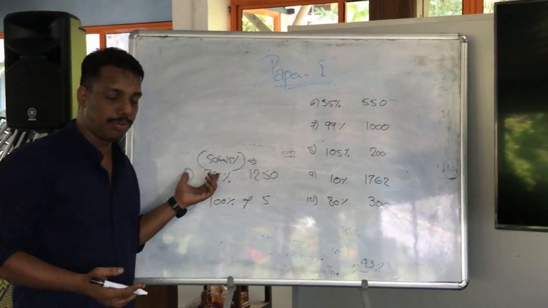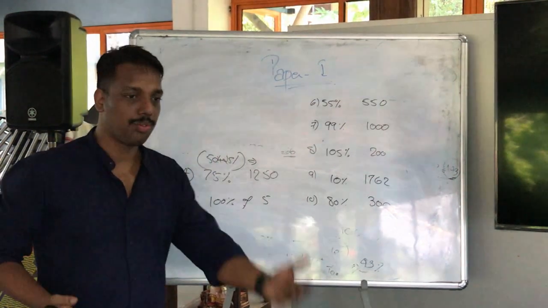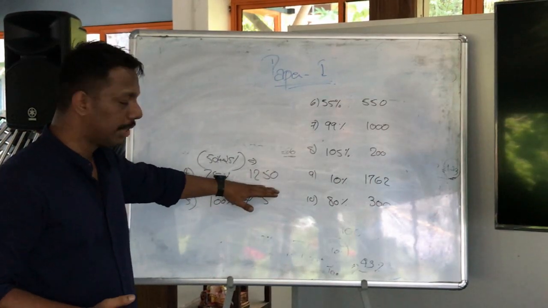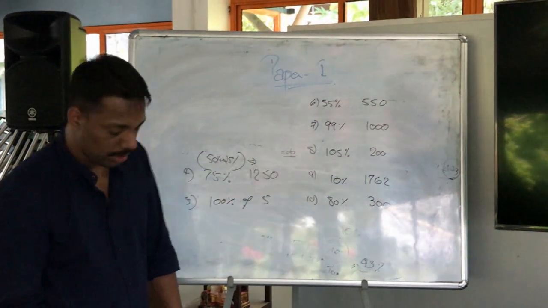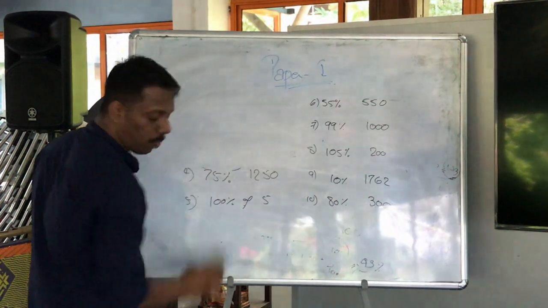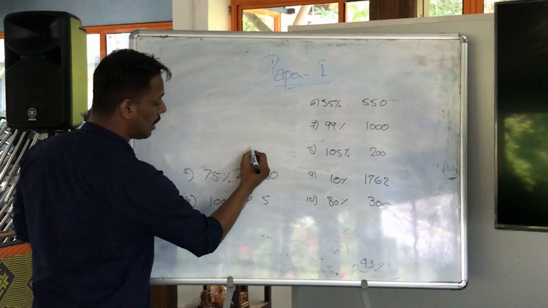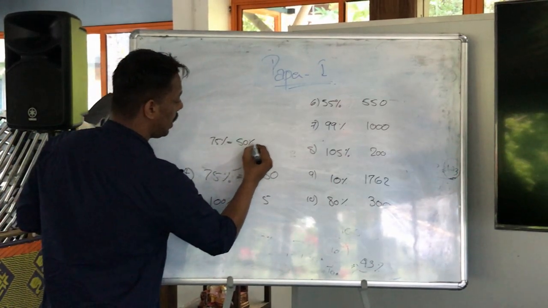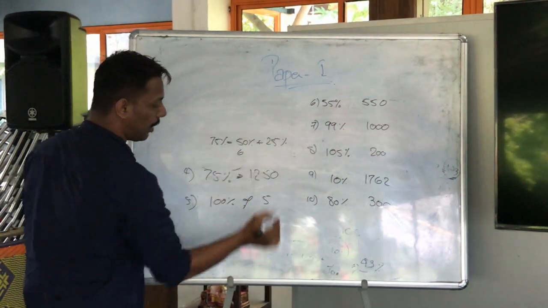You know what is 50%? It's nothing but half. You know what is 25%? This is 1 by 4. Then what is 75%? Half of this number plus 1 by 4 of that number. What is the answer? What is half of this number? 50% plus 25%. 50% is 625, right?